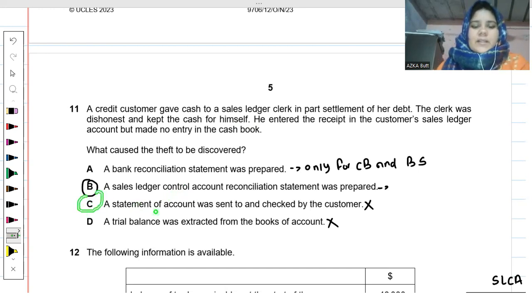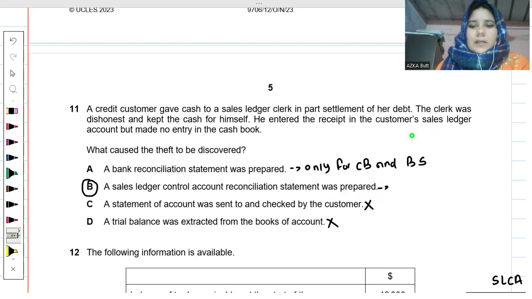In option C, a statement of account was sent to and checked by the customer. It cannot happen, because this person entered a receipt in the customer's sales ledger account. We prepare the statement of account because we want to remind our customer of the amount they are owing to us, and we send it to them.